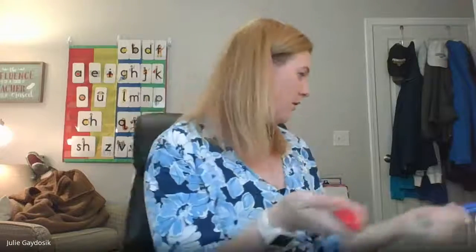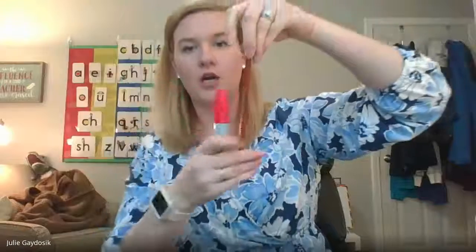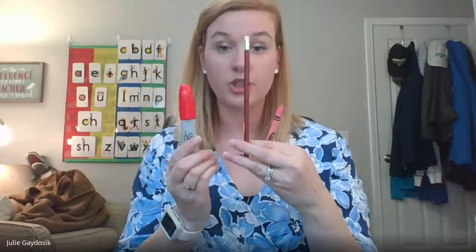Your second page, you're comparing the lengths. For example, if I was comparing all these different utensils, I'm going to compare this marker, this pencil, and this crayon. If I was ordering these from shortest to tallest, I would put the crayon first, then the marker, and then the pencil, right?